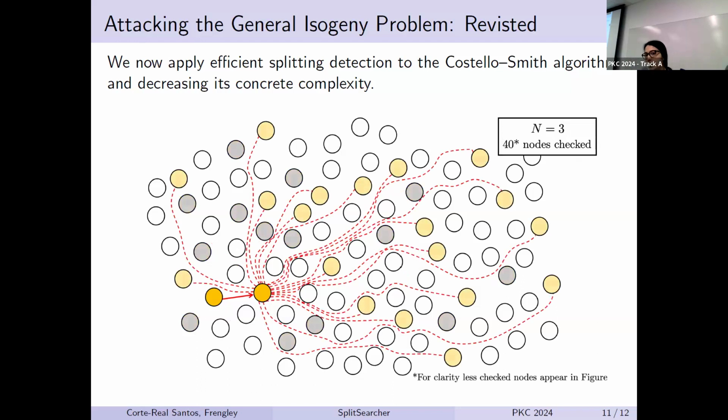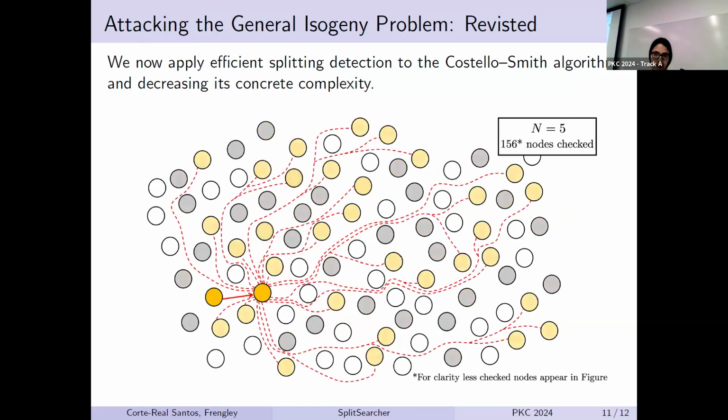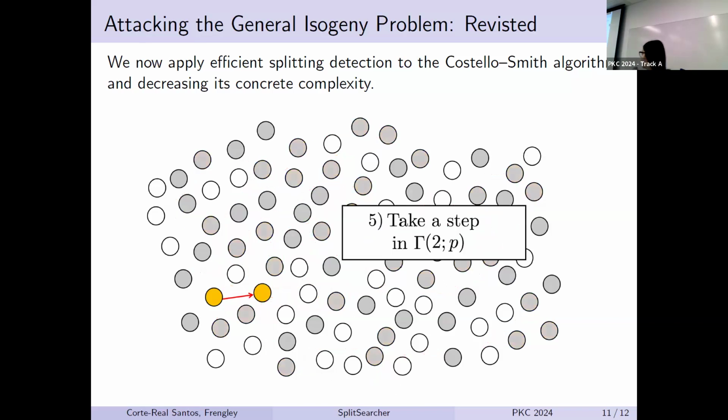Then for N equals 3, we can check 40 nodes in the graph. And for N equals 5, we check 156 nodes in the graph. In the paper, we give precise counts for how many nodes you check for every N less than or equal to 11. Now we have revealed all these gray nodes in the graph.